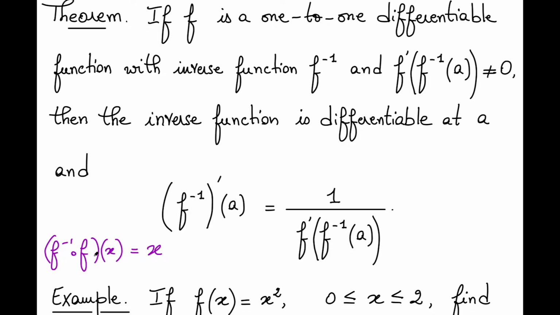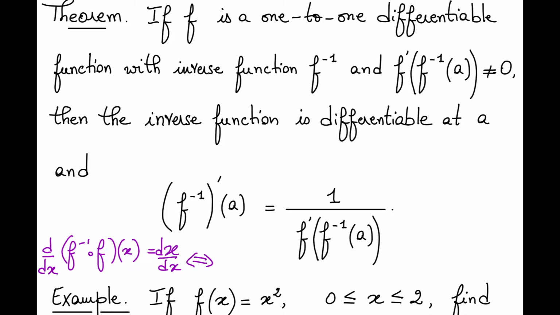And now if you differentiate this, let's say you use implicit differentiation. If you differentiate with respect to x both sides, what do you get? On the left hand side, you can use the chain rule and get f inverse prime at this number, f of x, times f prime of x, correct?